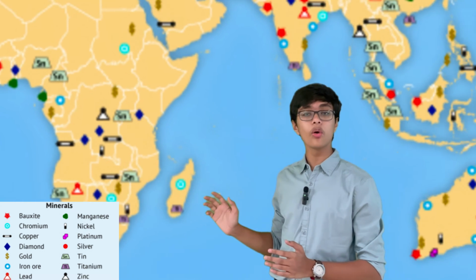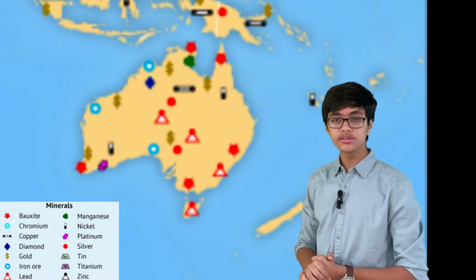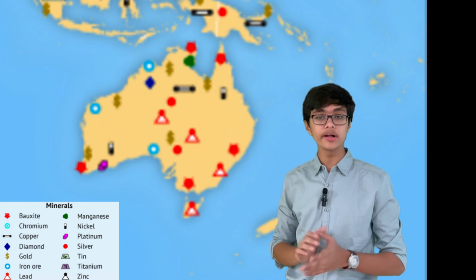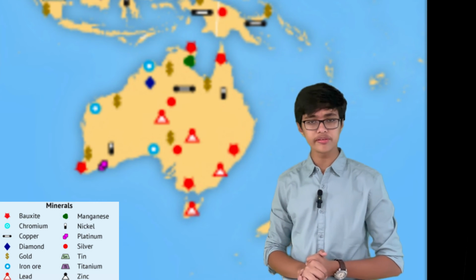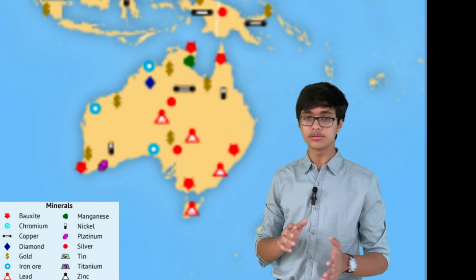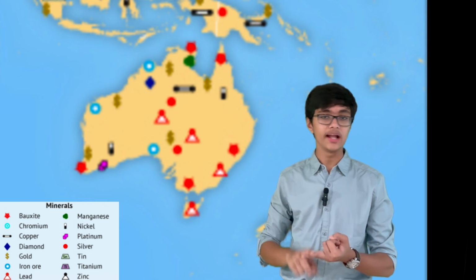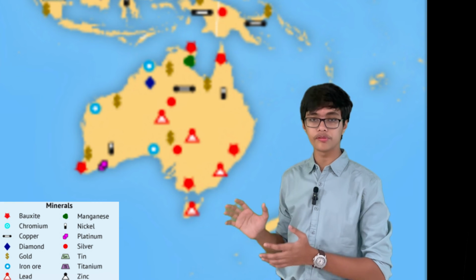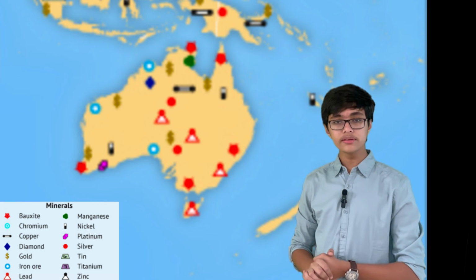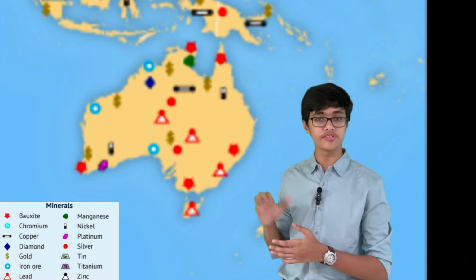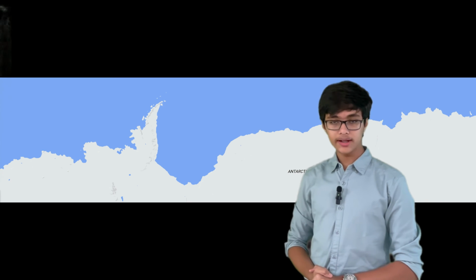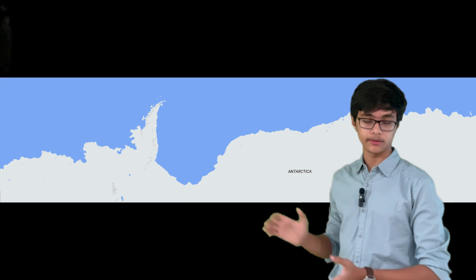Now, let's look at the continent of Australia. Australia is the largest producer of bauxite in the entire world. Bauxite is sort of a complete mineral deposit from which you extract things like your iron, aluminium, etc. Along with it, it also has deposits of things such as zinc, tin, etc. The final continent that we'll be looking at is the continent of Antarctica.